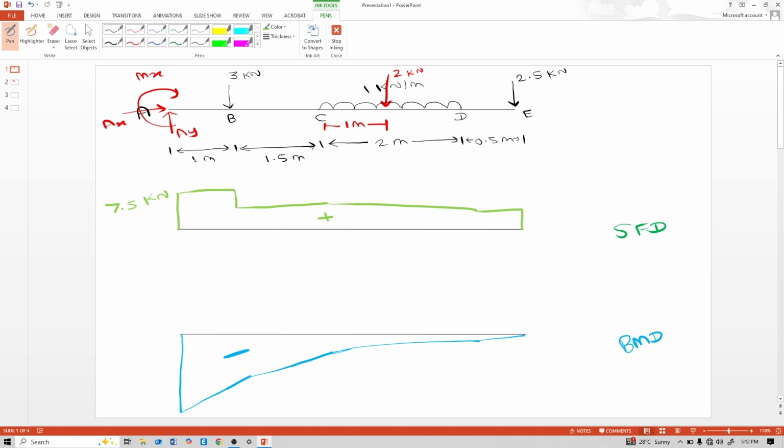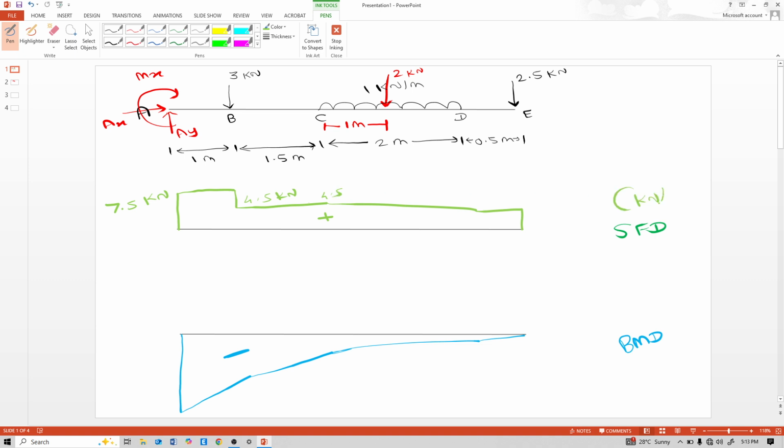Now see the shear force diagram. Up to this point it is 7.5 kN. In between there is no load, that means up to here it is 7.5 similarly, and due to this 3 kN it drops down. So 7.5 minus 3 is 4.5. Here it is 4.5 kN. B to C no load, that means at point B it is 4.5.